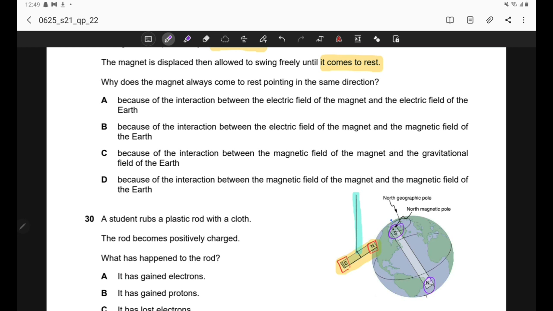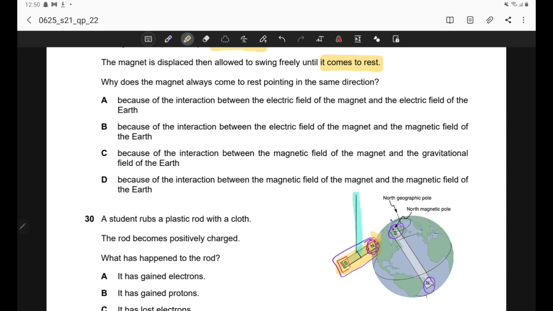So now we have a secondary magnetic bar, and we have already learned opposite poles always attract. So automatically the north pole of the magnet which we have suspended will get attracted to, or will point to, the south pole of the earth magnet, and that part of the earth's magnetic field is called the north magnetic pole.